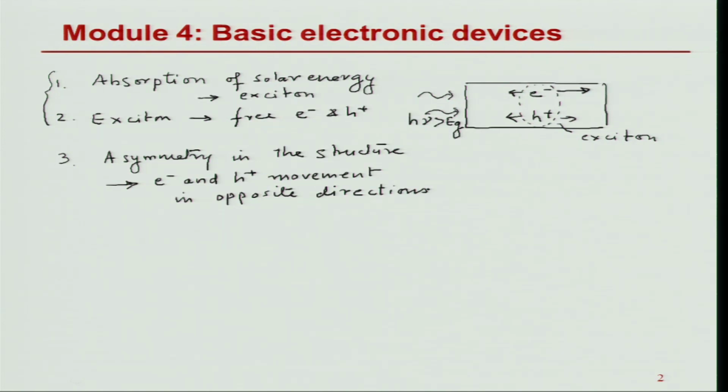Now, there are many ways of creating this asymmetry, and the one which we have been discussing in this course is the p-n junction. The p-n junction allows you to build this asymmetry, because if I make a p-n junction out of this material, I have already shown you earlier that it leads to a built-in field. This is p type.